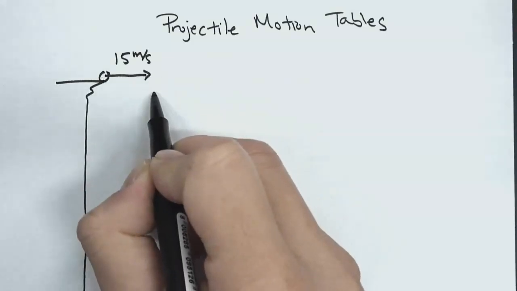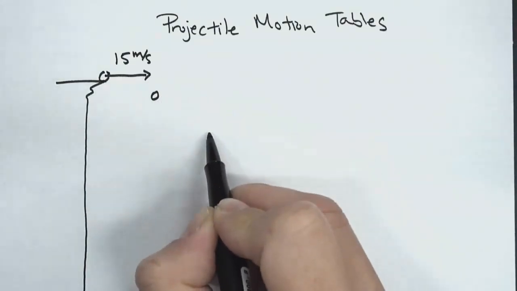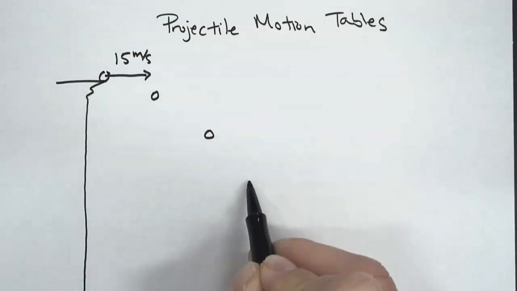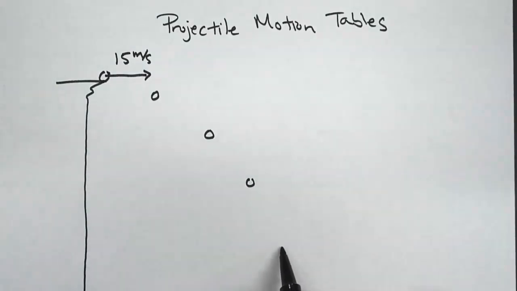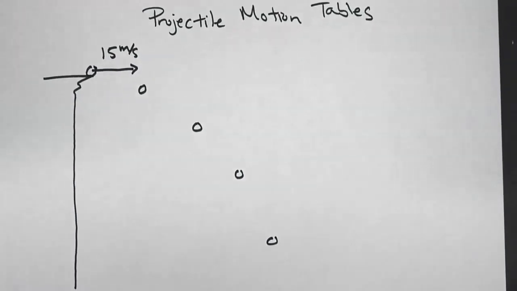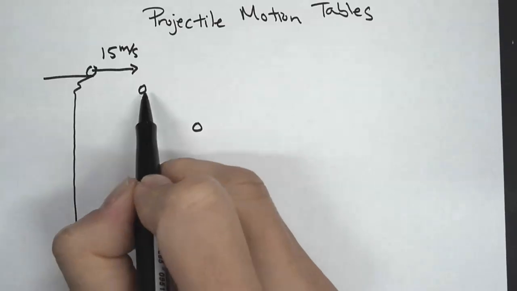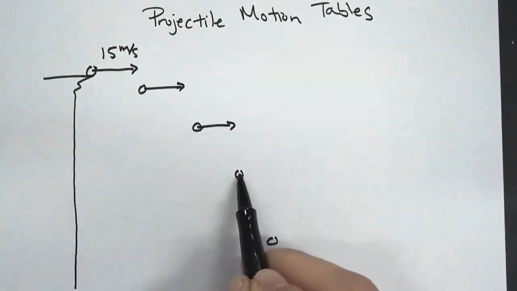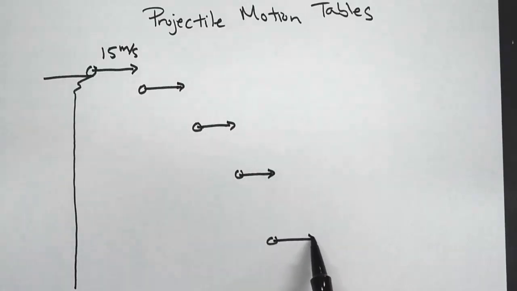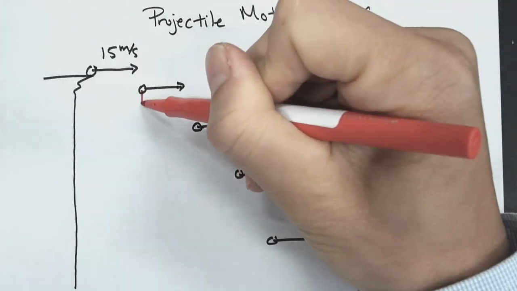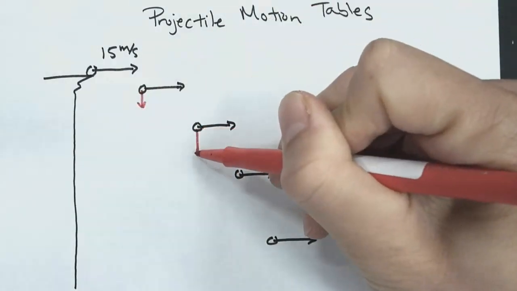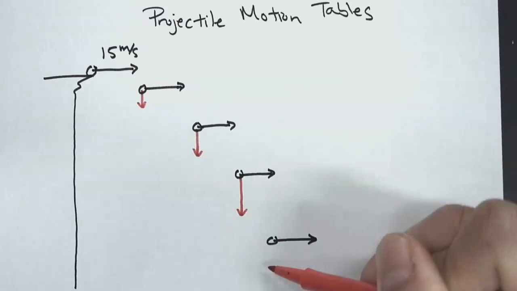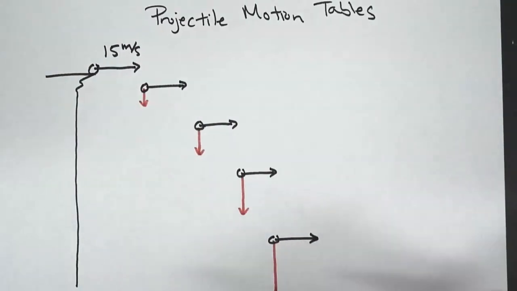One second later it'll be here, 2 seconds it'll be here, 3 seconds will be here, and 4 seconds will be there. Now we know horizontally that the velocity is constant, so I'm going to draw arrows that have the same length, and vertically the velocity is increasing, so my arrows are getting longer and longer.